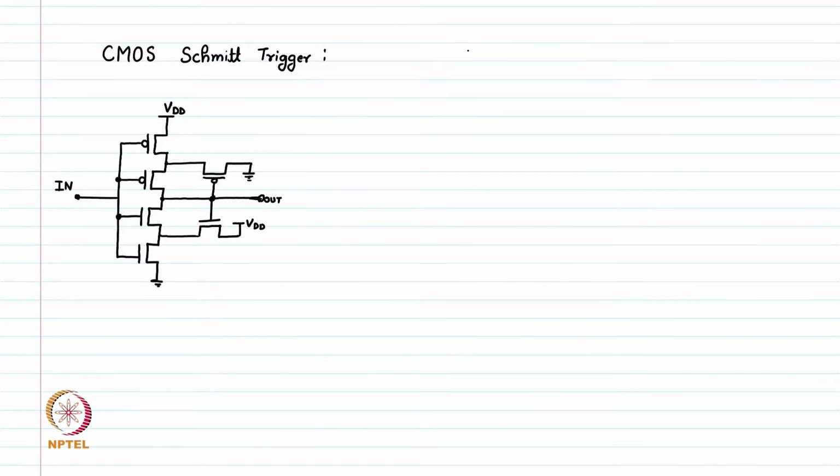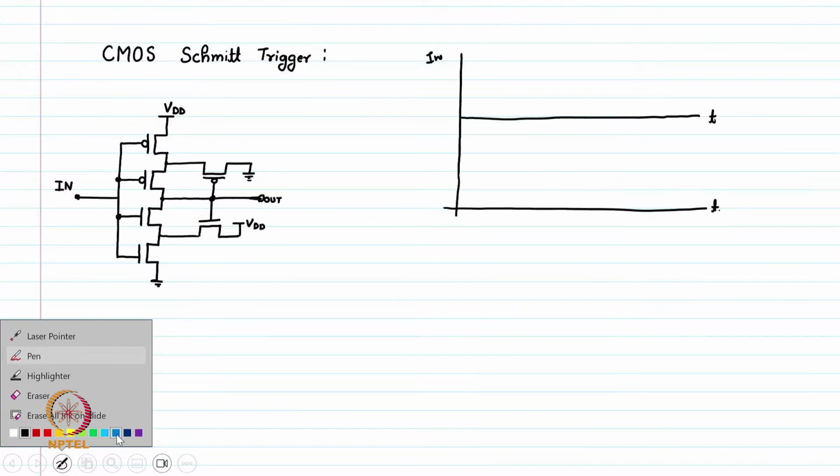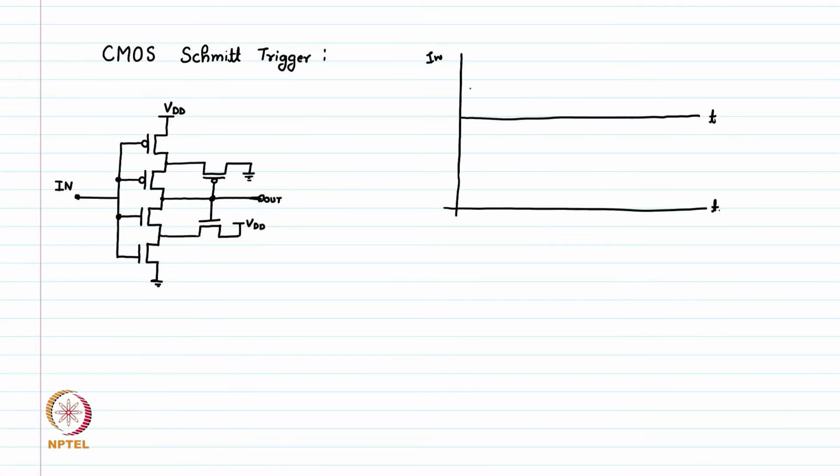So, for example, we have a signal. Let us say in the same axis, this is the time axis, this is the input, and my signal is changing along with the noise.